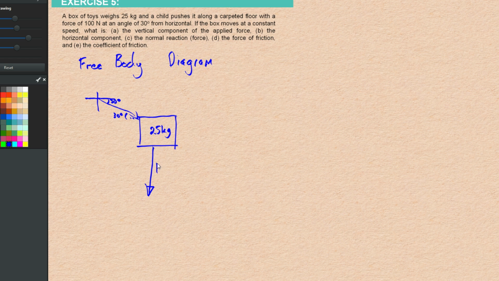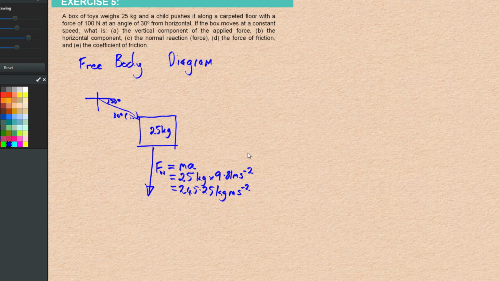Okay, Fw for the force due to its weight, which is mass times acceleration, which is 25 kilograms multiplied by 9.81 meters per second squared, which equals 25 times 9.81 is 245.25 kilogram meters per second squared.